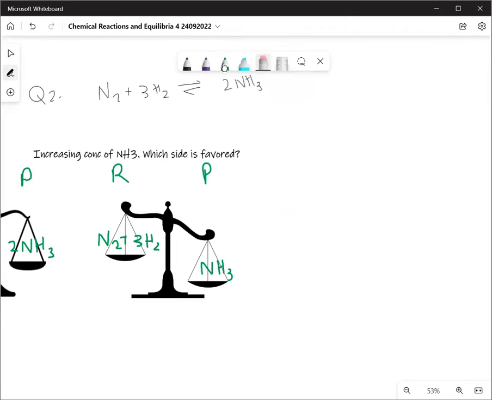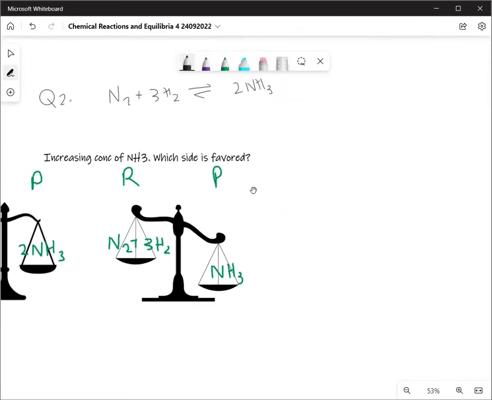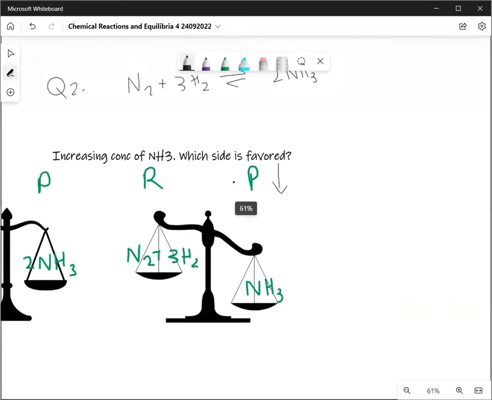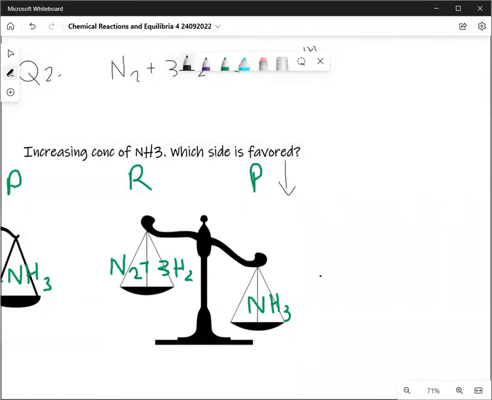How can you decrease it? But sir, how can you decrease the product side? By pushing it up? No, by a reaction. By increasing this guy. If this increases, then some of this will go to that side.